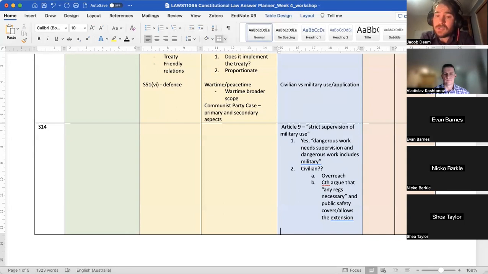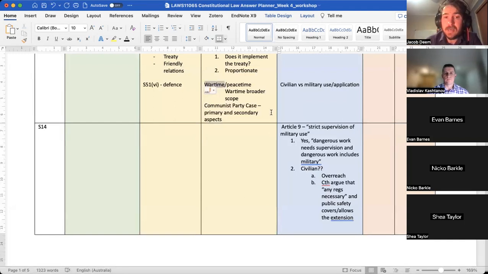What the Commonwealth might try and do with both powers, but especially section 14, is argue that this strict supervision, even in the civilian context, is that because these avatars are being used in a setting that might pose a risk to public safety, that's a domestic threat that the defense power would enable the Commonwealth to have oversight over.